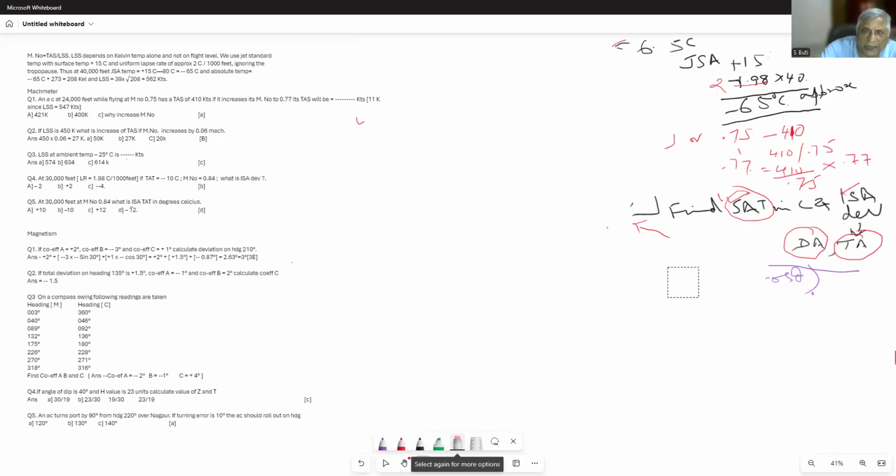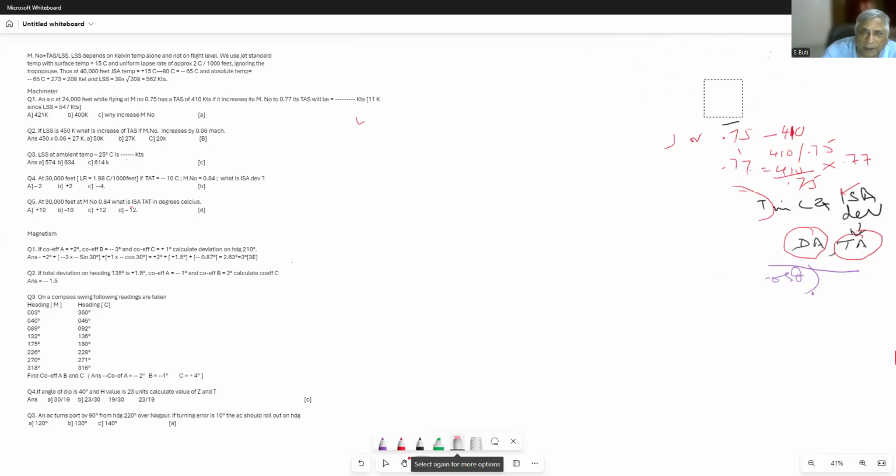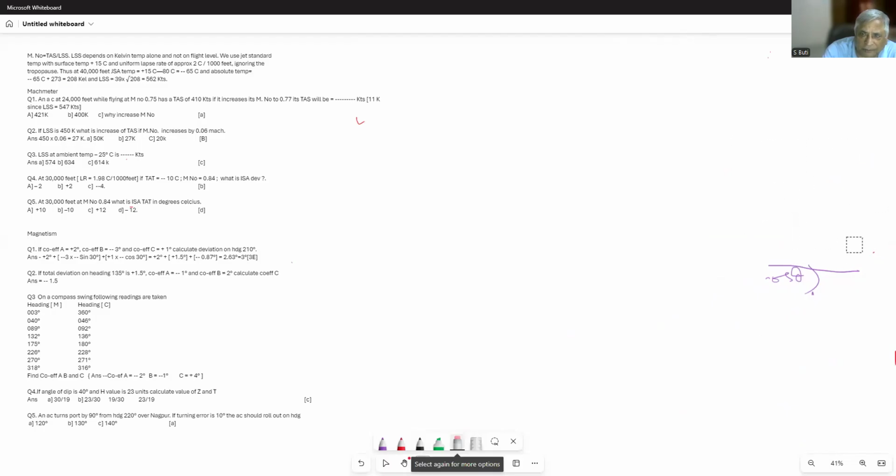Some of the brands available and fitted in your aircraft are E2A, P12, etc. Let me just tell you what the turning and acceleration errors of a direct reading magnetic compass, DRMC, are.